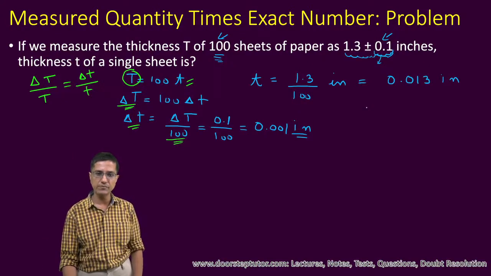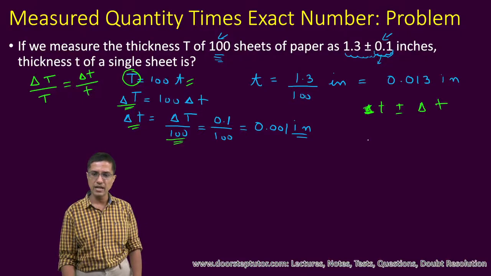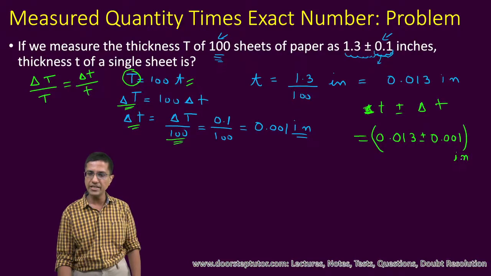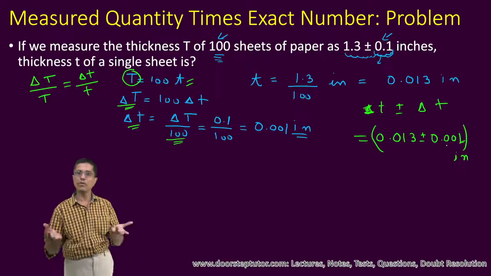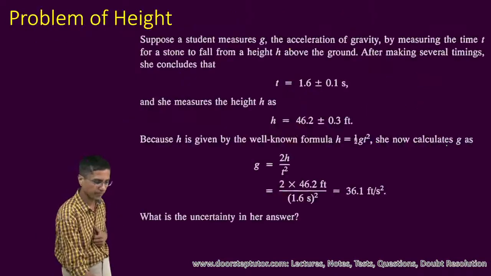So in the case of absolute error, we can write delta t as 0.001 inch, and of course my final answer, t plus minus delta t, I will write as 0.013 plus minus 0.001 inch. Everything is already expressed to the correct number of significant figures, so I don't really have to worry about anything there. So this is my final answer.